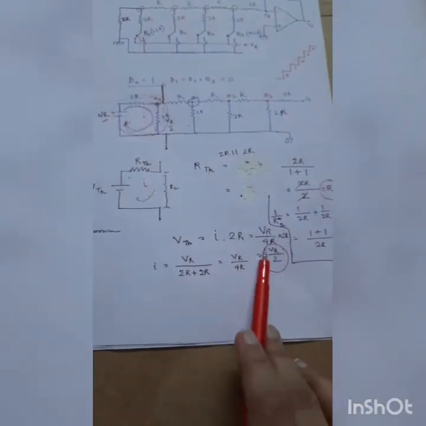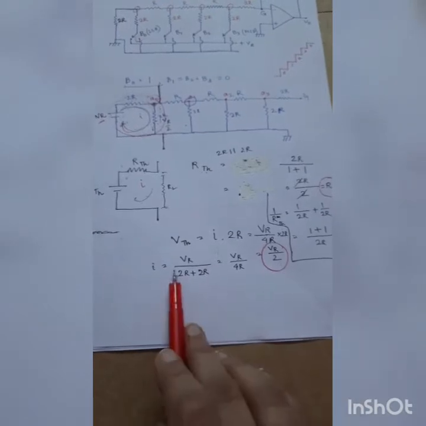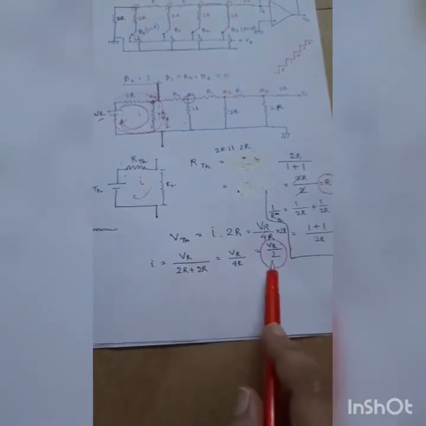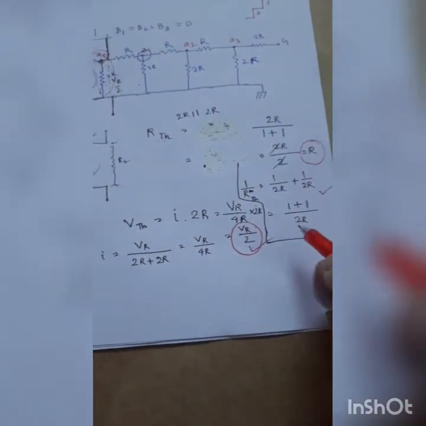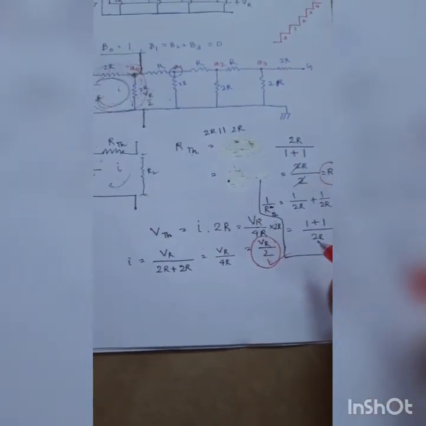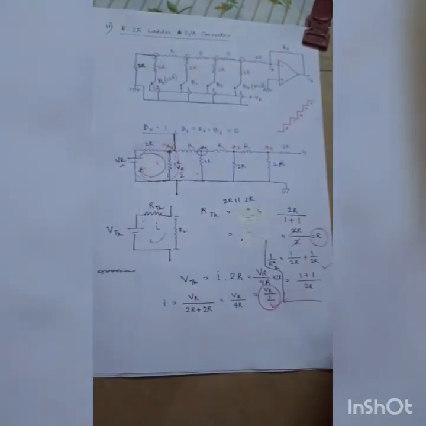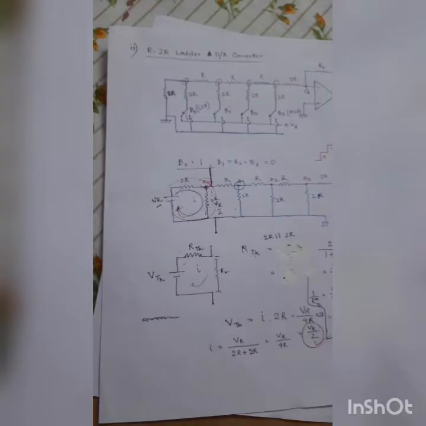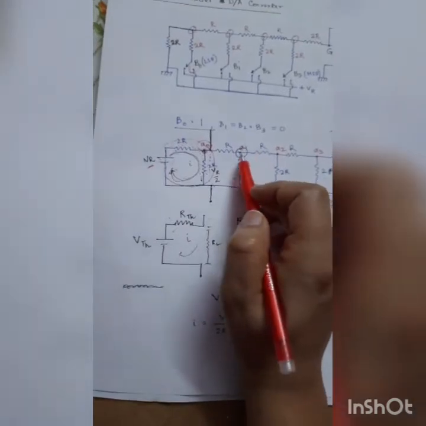So VR by 4R into 2R. So the VTH will be VR by 2, right? VR by 2. And the equivalent resistance is R. Now let us see the next point A1.